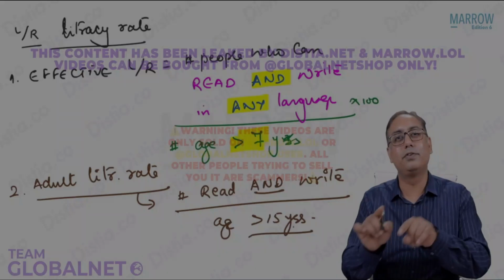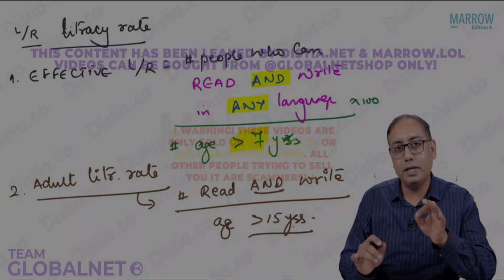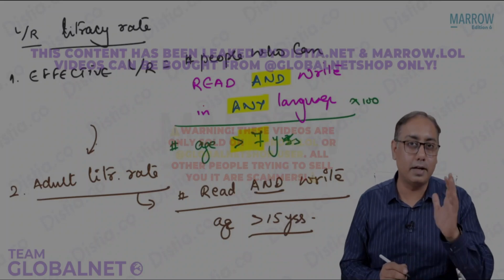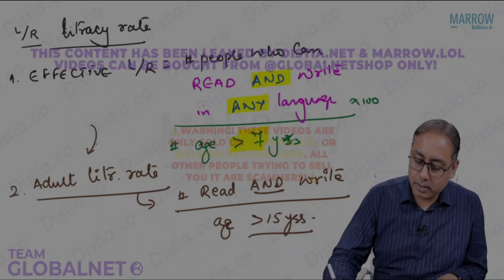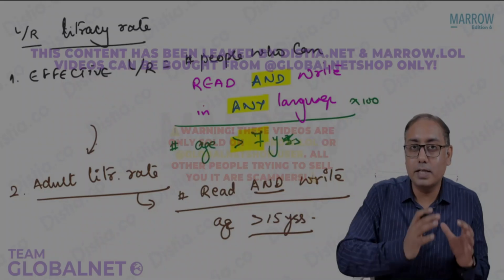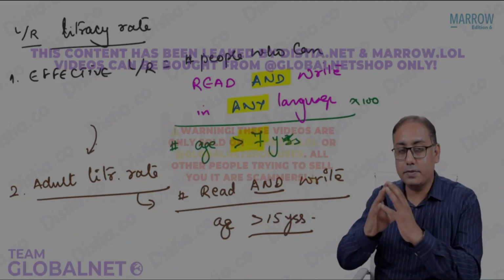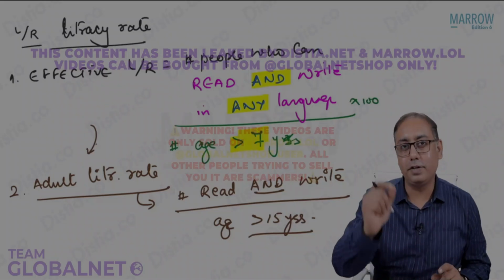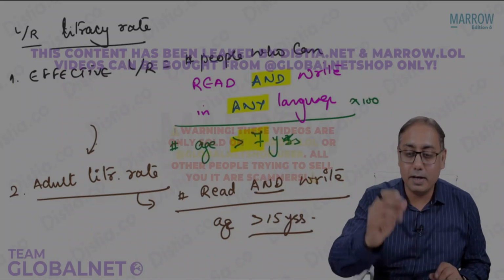Please note it is more than 15 years. Under the National Family Health Survey, when we talk about the adult literacy rate, it is age 15 to 49 years. So please note, we have something called the effective literacy rate and something called the adult literacy rate. Adult literacy rate is age more than 15 years. Effective literacy rate is age more than 7 years.